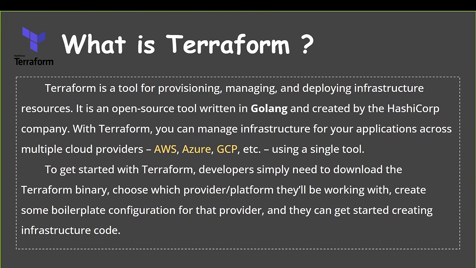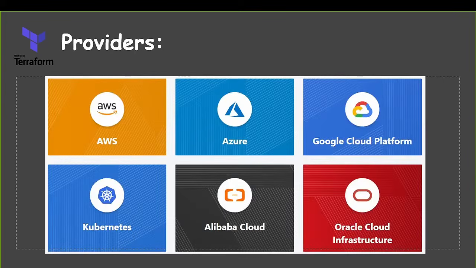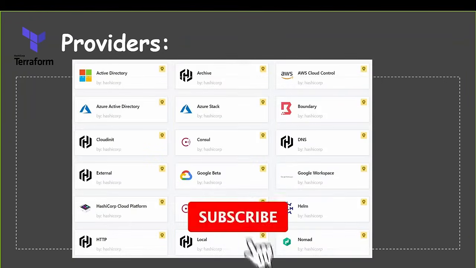In Terraform terms, all of these cloud providers are called providers. A provider gives you the capabilities of creating the infrastructure. You have GCP, Google Cloud Platform, Azure, Alibaba Cloud, Oracle Cloud Infrastructure, Kubernetes, AWS, you name it and you have it.